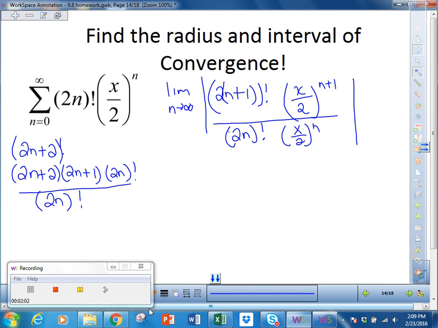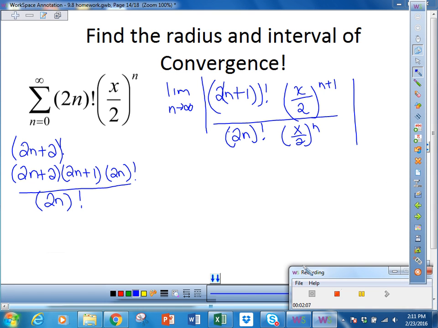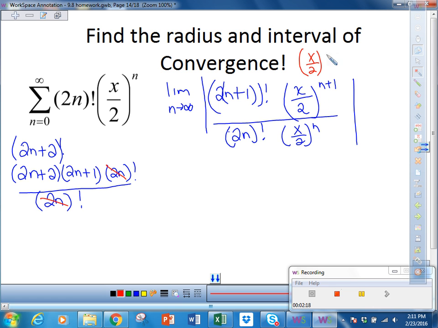So we can see that the 2n factorial is going to cancel. Do you see that? Yes? Okay. This is going to be x over 2 to the nth power times x over 2. So this limit, as n approaches infinity, the 2n factorials cancel each other out.